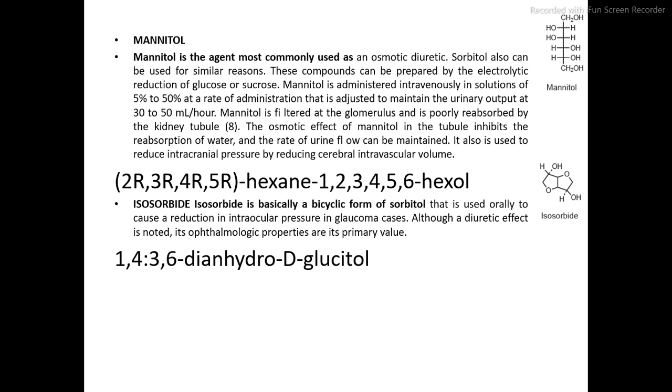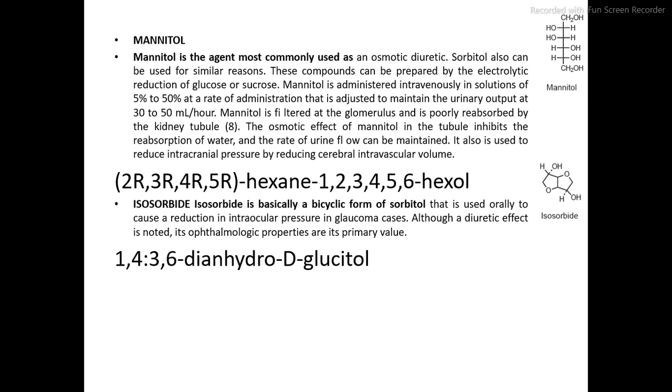Mannitol is filtered at the glomerulus and is poorly reabsorbed by the kidney tubule. The osmotic effect of mannitol in the tubule inhibits the reabsorption of water, and the rate of urine flow can be maintained. It is also used to reduce intracranial pressure by reducing cerebral intravascular volume. So this is what about mannitol.